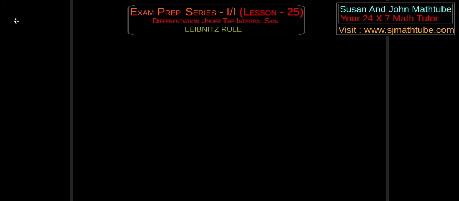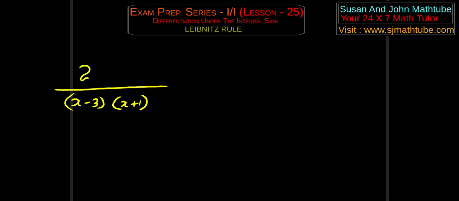And before we start, I'm going to teach you one trick. And the trick is called method of suppression. So look at this. Suppose we have a problem like 1 by x minus 3 times x plus 1, and the numerator is 2x plus 1.